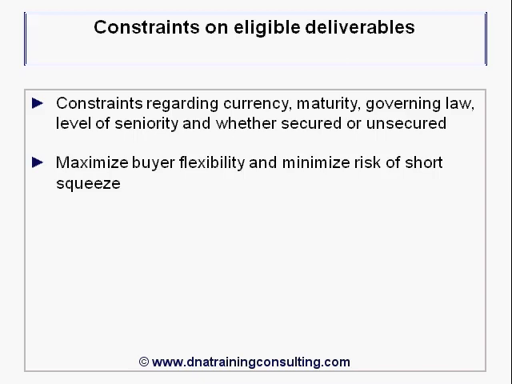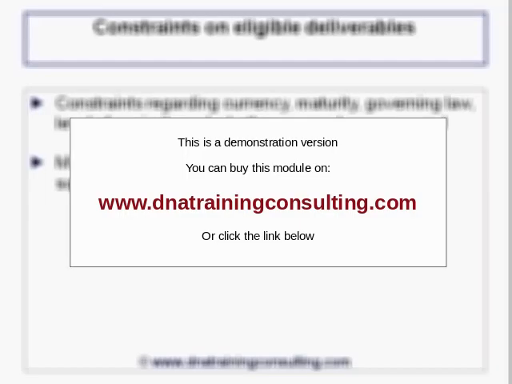To the extent the issuer has a variety of eligible loans or bonds trading at different prices, the buyer has a financial incentive to deliver the one that is trading at the lowest price.